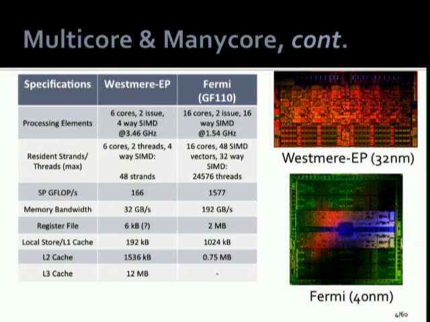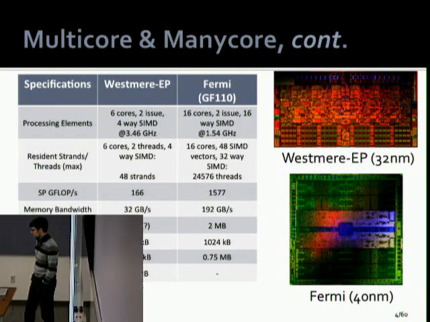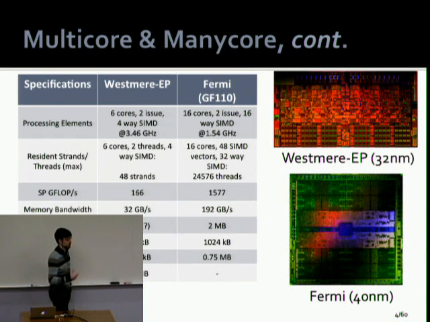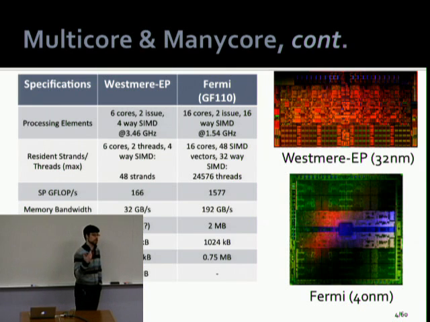And let's see, the performance is also different. The multi-core chip has about a factor of 10 less floating point throughput. It has about a factor of 5 less memory bandwidth. And the memory hierarchies are very different. On the Manycore chip, because it has so many threads that it's trying to keep in context on the chip all the time in order to hide memory latency, it needs a lot more storage in the register files.